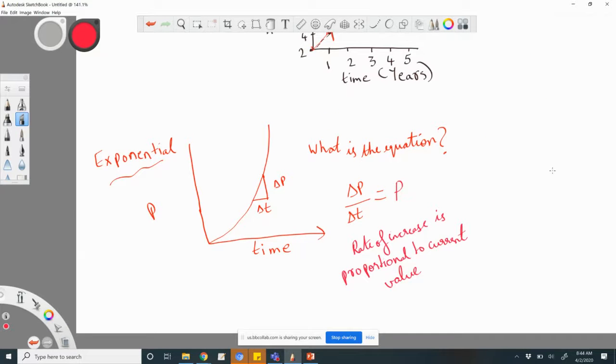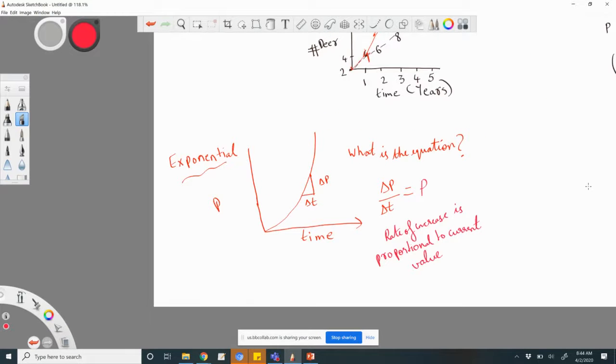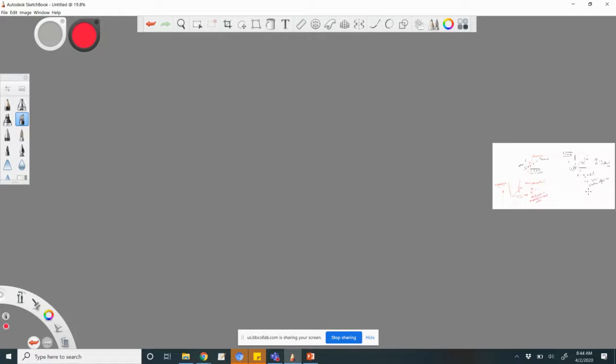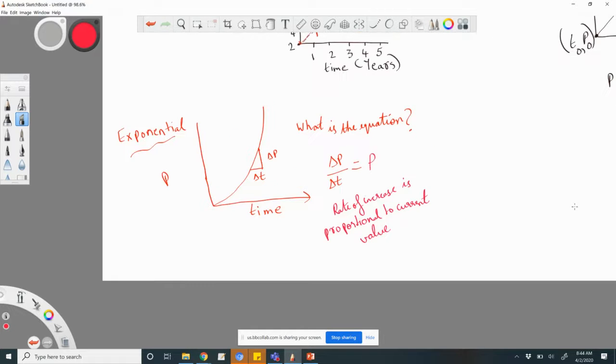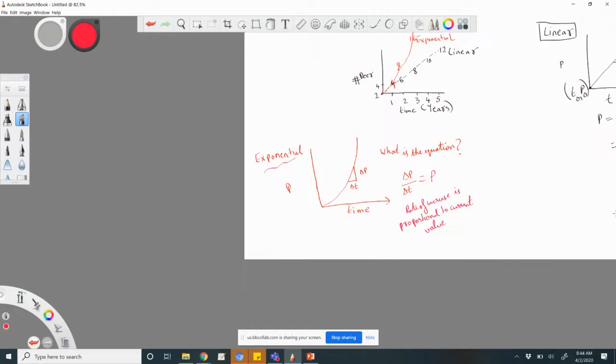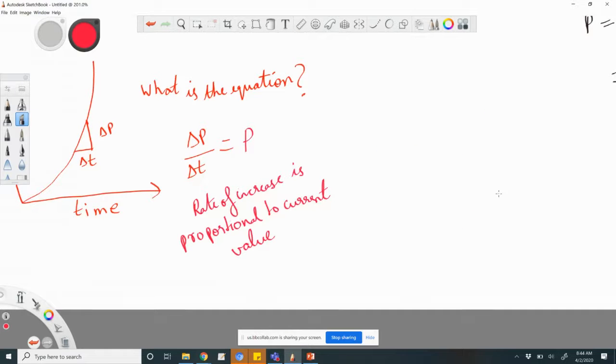So let's say for the simplistic case that your rate is equal to your current value, right? Which is why I put equal to. In general, it wouldn't be exactly equal. It could be a factor here, like k times p, but let's say it's just that.